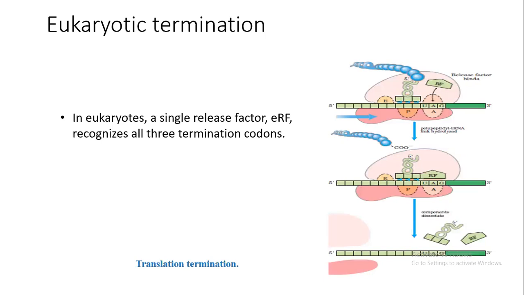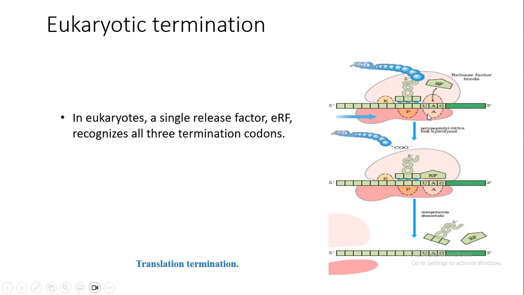However, in prokaryotes, we discussed the presence of three different release factors, factor 1, 2, and 3, one of which can bind to the termination codons. But in case of eukaryotes, you have a single release factor known as eukaryotic release factor that is able to identify all three termination codons.